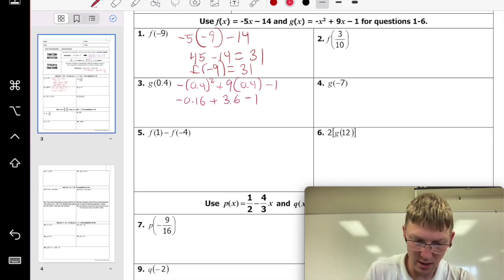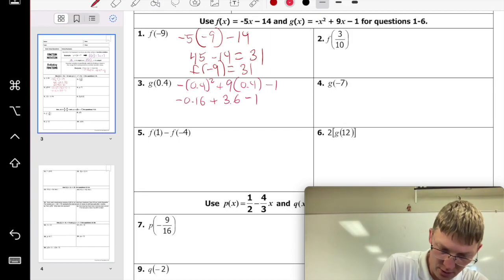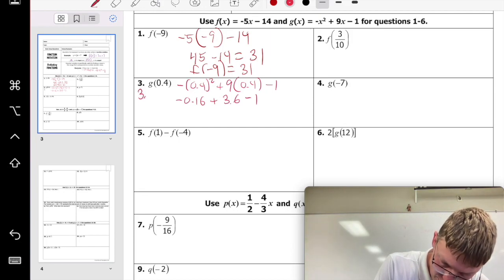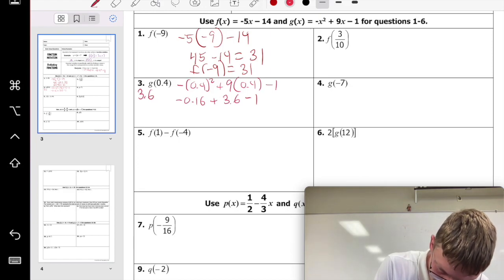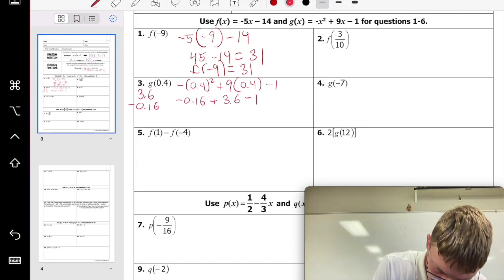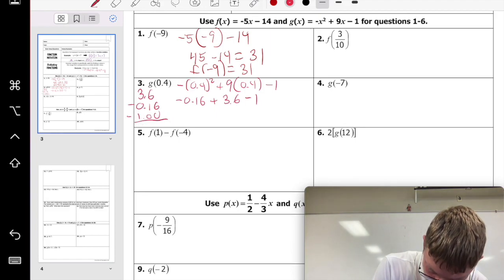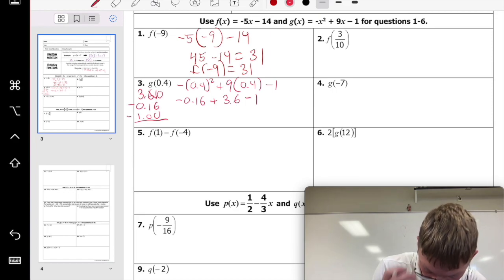Okay, I'm going to line that up vertically because I can't do that in my head. I'm not that good. It doesn't matter what order I put them in, so I'm going to start with the biggest one, 3.6 minus 0.16 minus 1.00. We need a 0 there.